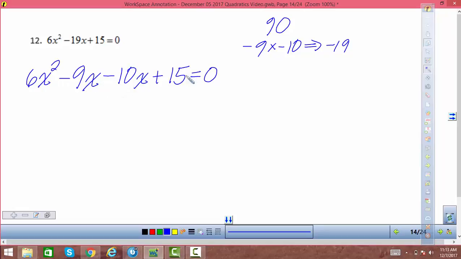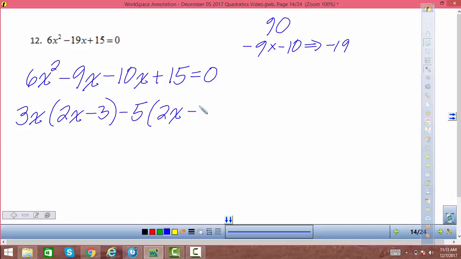The 10 goes with the 15 because they're both divisible by 5. So I'm going to divide out 3x, and that leaves 2x minus 3. And here I'm going to divide out a negative 5 from both here and here. So that leaves positive 2x. Positive 15 divided by negative 5 is negative 3.